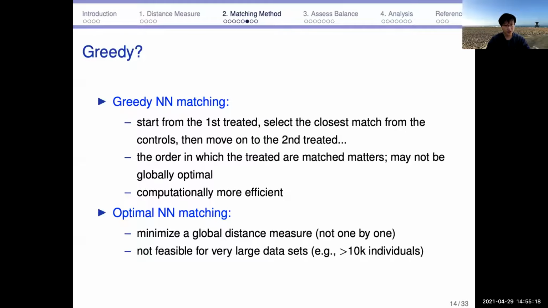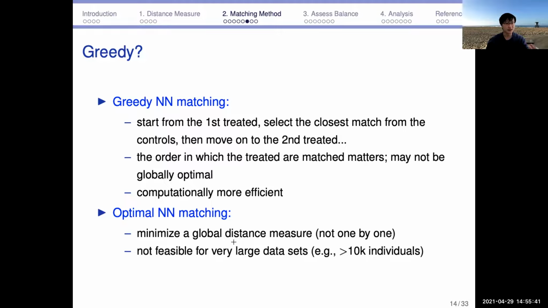Now, there's this other idea called optimal nearest neighbor matching. So instead of going from 1 to 1, we consider minimizing a global distance measure. So suppose consider it to be the average distance in each match, averaged over all the matches.